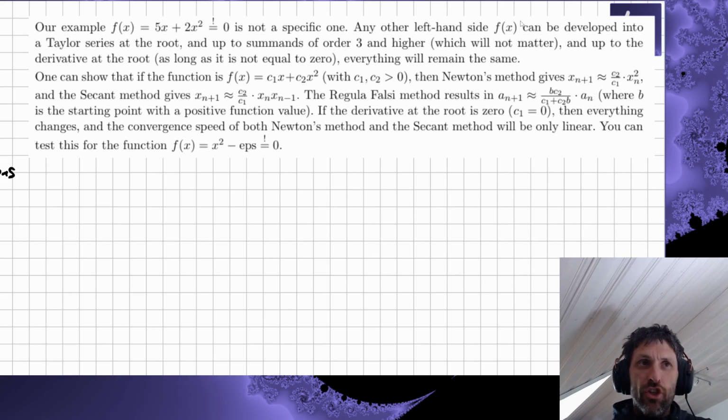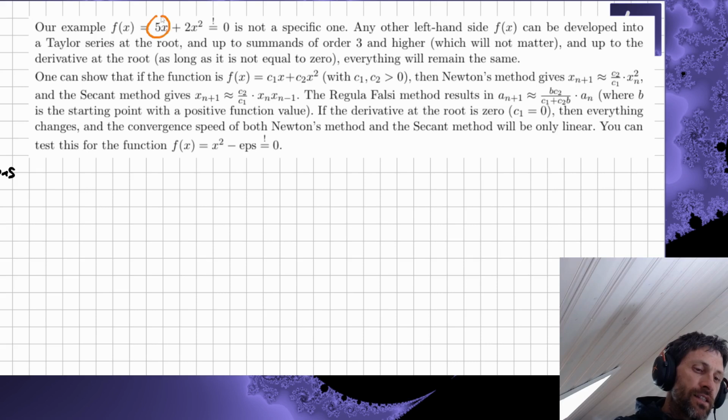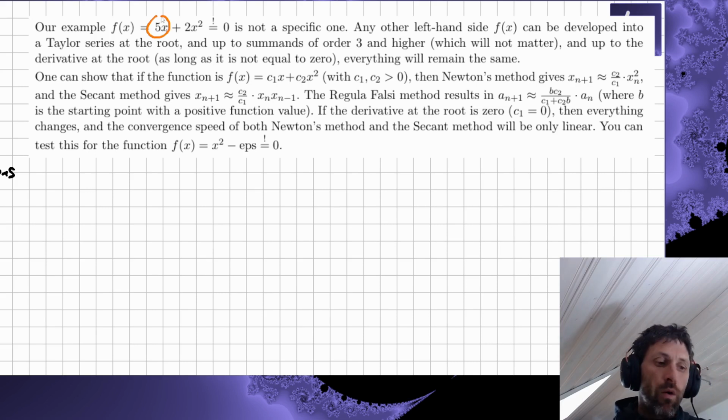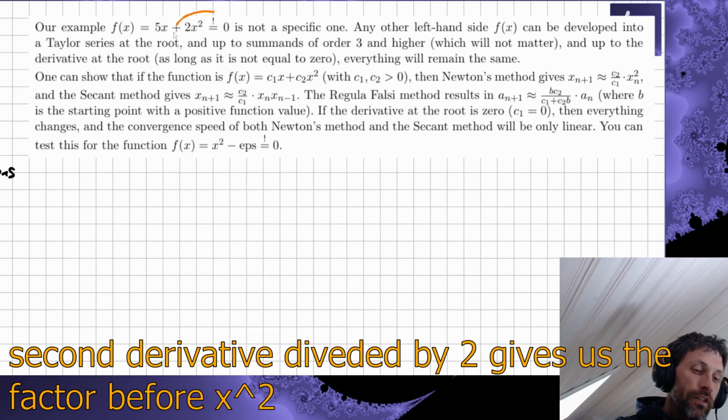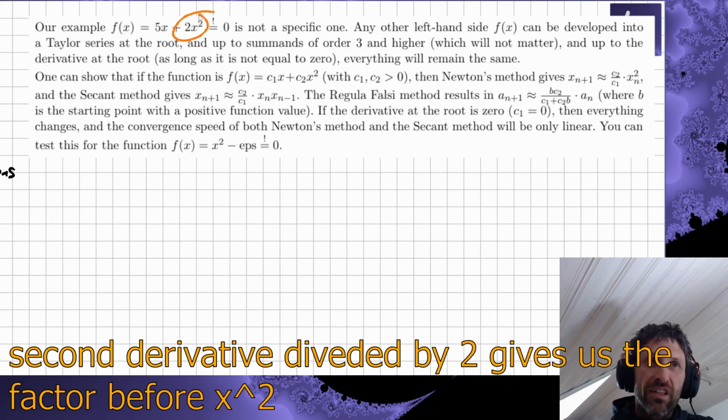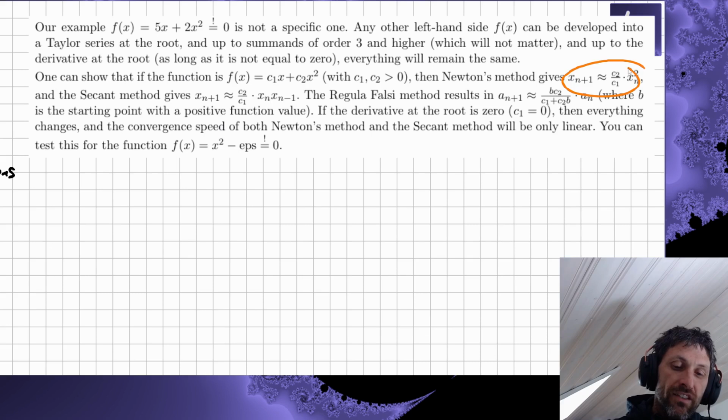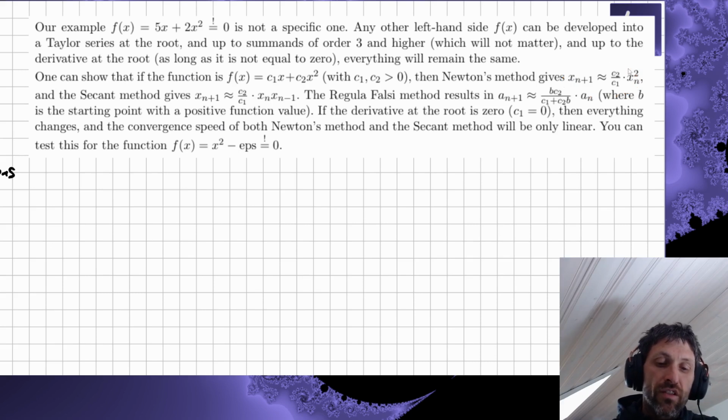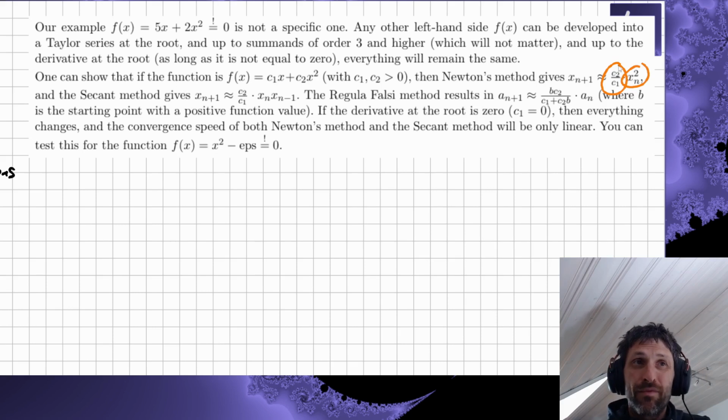If you're a mathematician and you further want to be more general, then you say, okay, we have a function and this is some number c1, and the second derivative gives us the factor before the x squared, and then you can find out that Newton's method converges quadratically, and the factor before is c2 divided by c1.